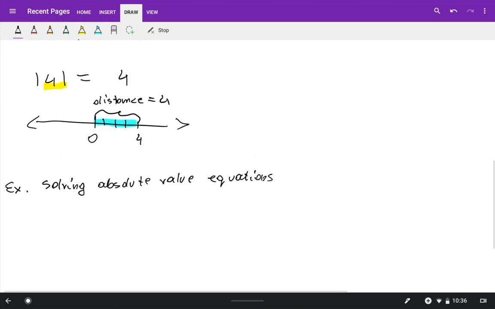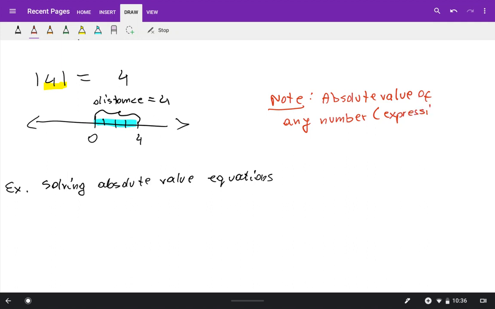And let me just write a very important note, because we will use that. Absolute value of any number or expression, I'll put expression, is always positive.